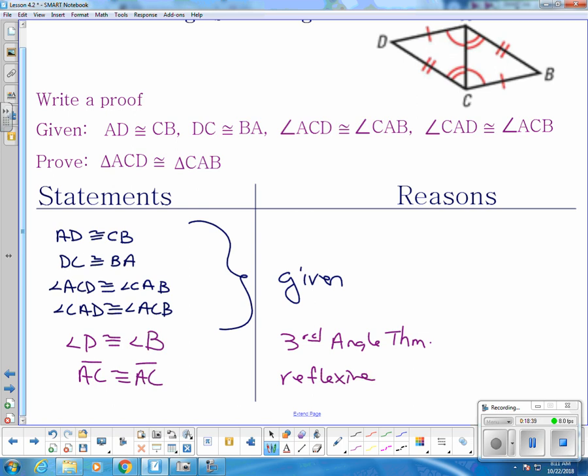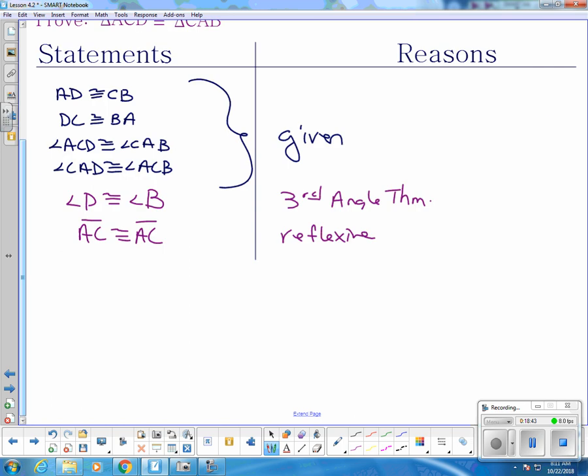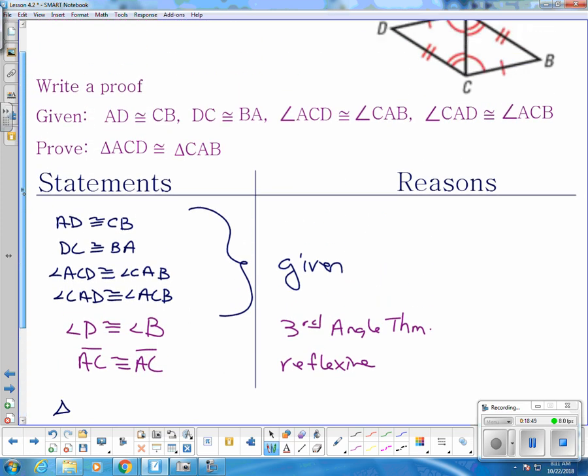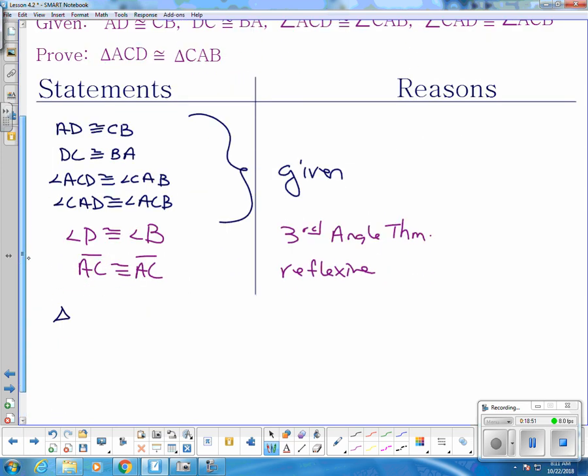Okay? Now, very carefully, let's write the congruent statement. Triangle ACD is congruent to triangle CAB.